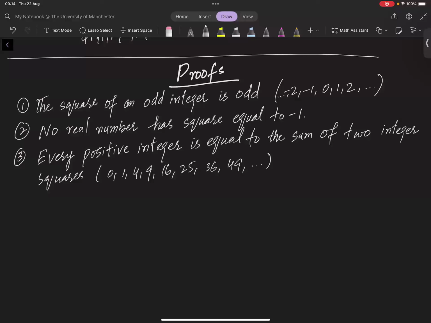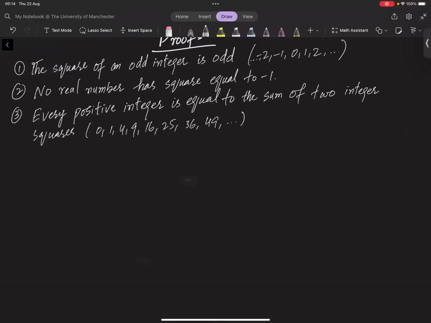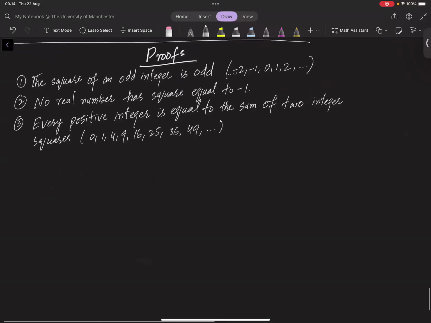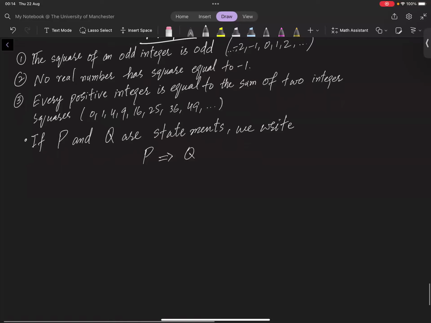If P and Q are statements, we write P then Q, to mean that statement P implies statement Q. So to write proofs, we need to define some notation.